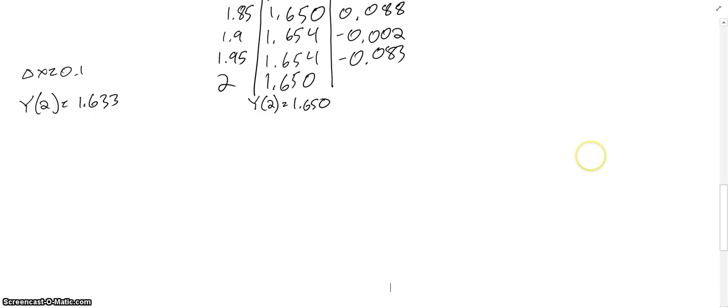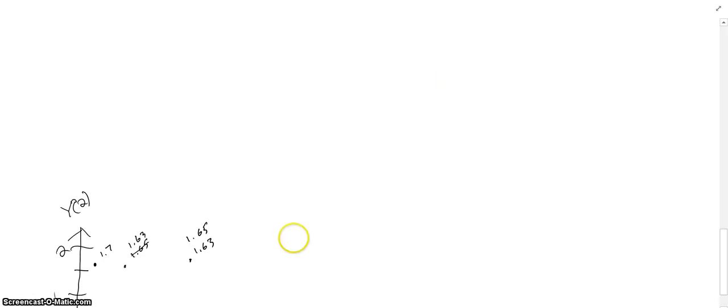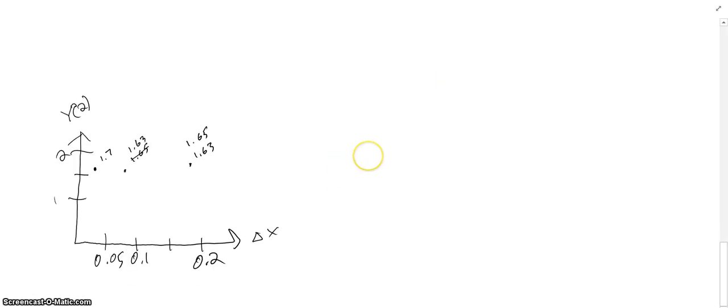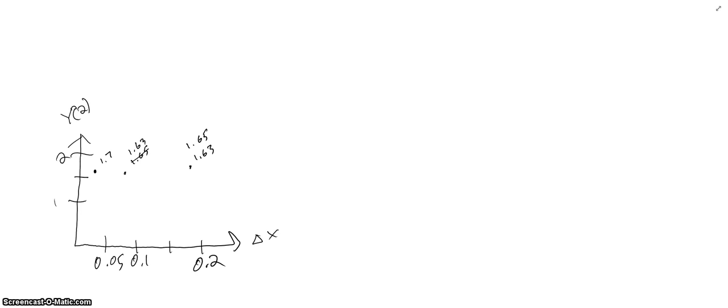When the change in x is 0.05, it's 1.65. Okay, actually, I'm sorry, all of these are wrong. This value is 1.7. No, okay, I'm sorry, I'm confusing us.